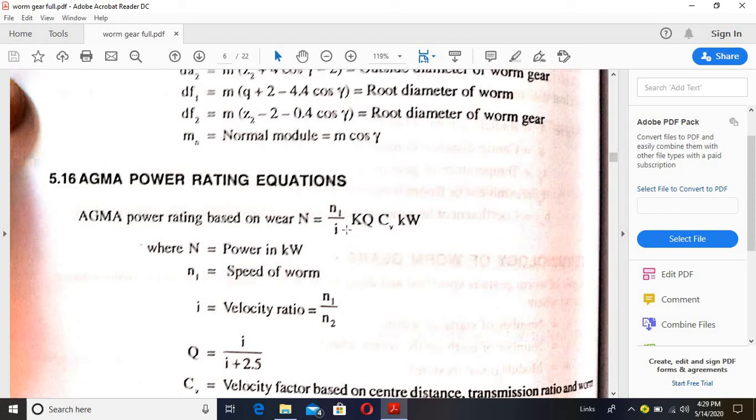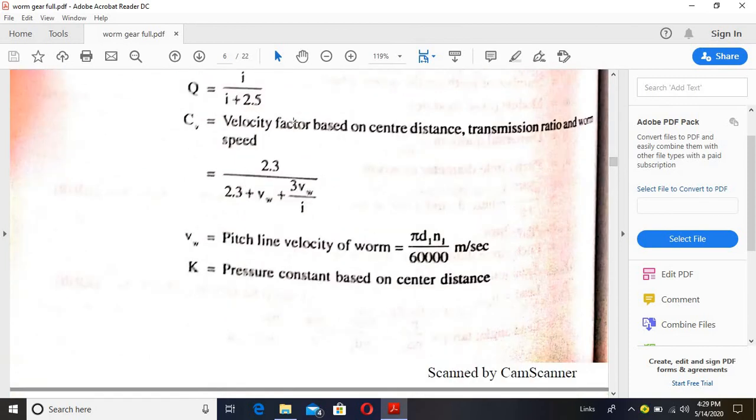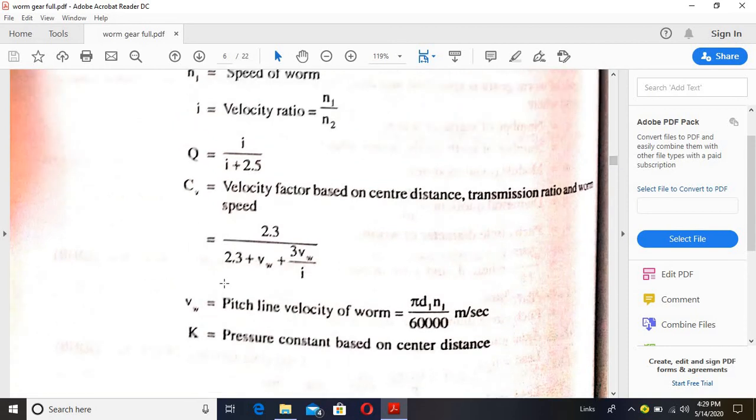That is N1 by i, K, Q, capital Cv in kilowatts. N is the power, N1 is the speed, i is the velocity ratio, Q is equal to i divided by i plus 2.5. C is the velocity factor based upon the center distance. Vm is the pitch line velocity of the worm, that is equal to pi d1 n1 divided by 60,000.